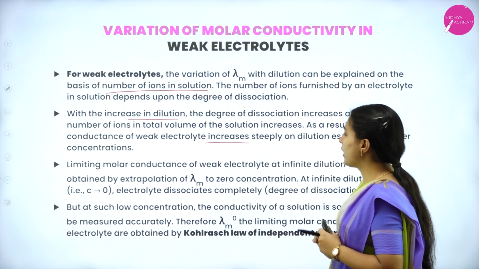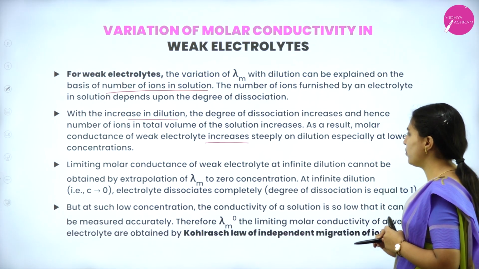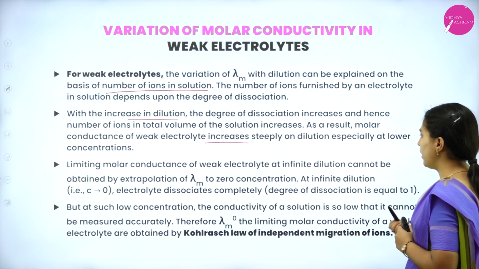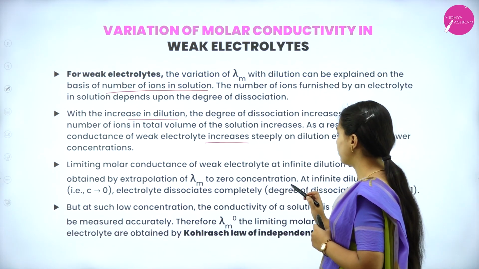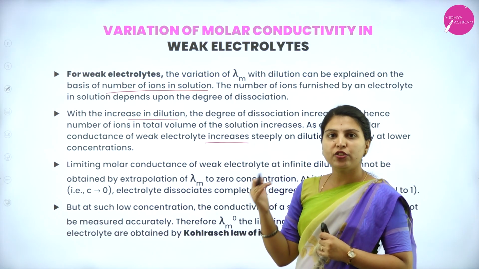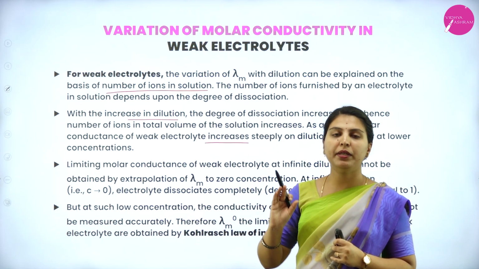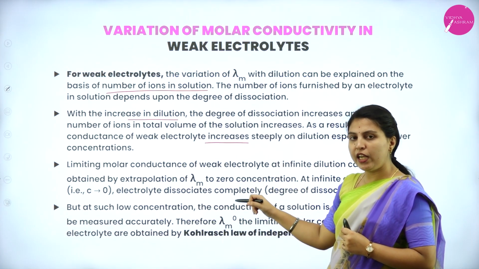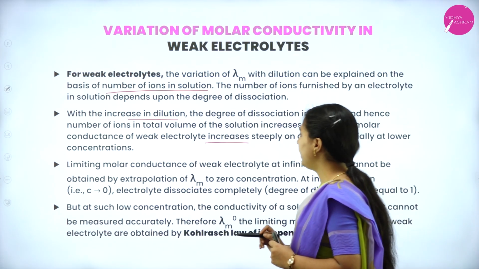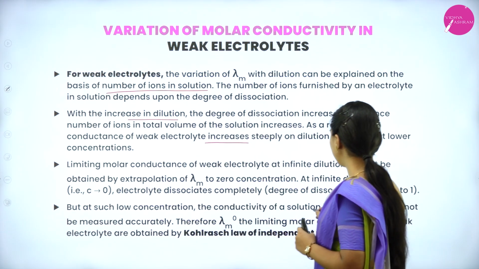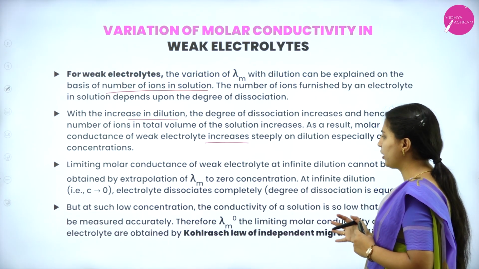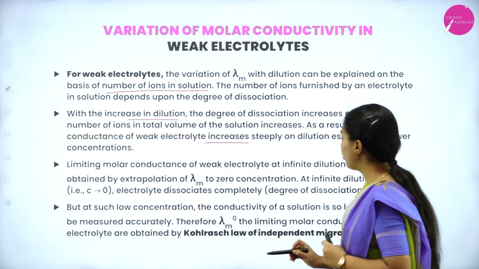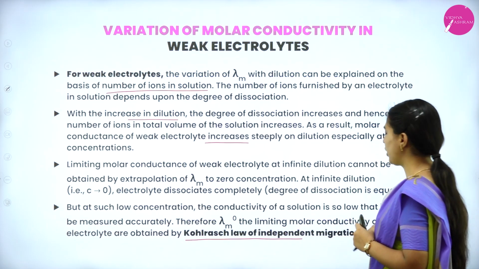Limiting molar conductance of a weak electrolyte at infinite dilution cannot be obtained by extrapolation of molar conductivity to zero concentration. At infinite dilution, the electrolyte dissociates completely, but at such low concentration the conductivity of the solution is so low that it cannot be measured accurately. Therefore, limiting molar conductivity of a weak electrolyte is obtained by Kohlrausch law of independent migration of ions.